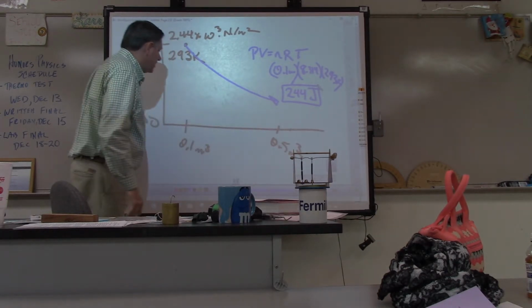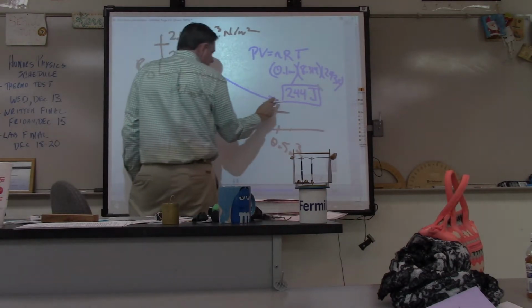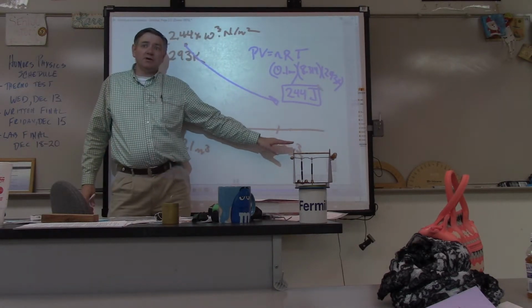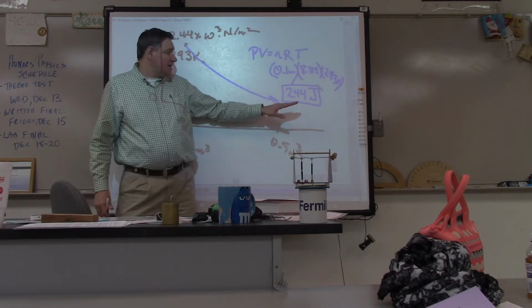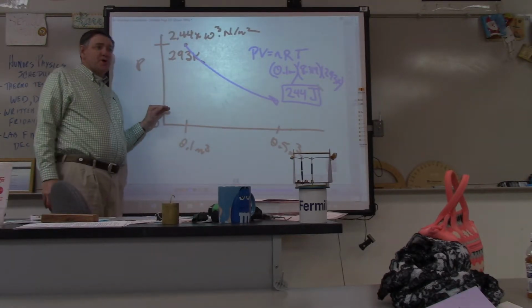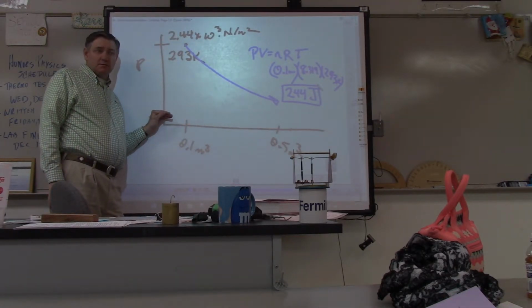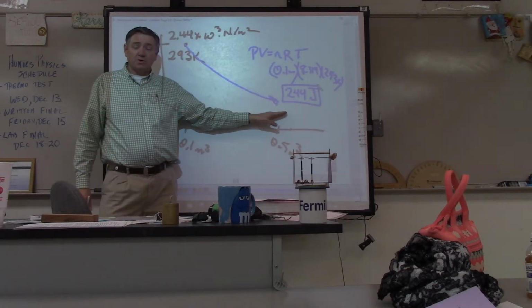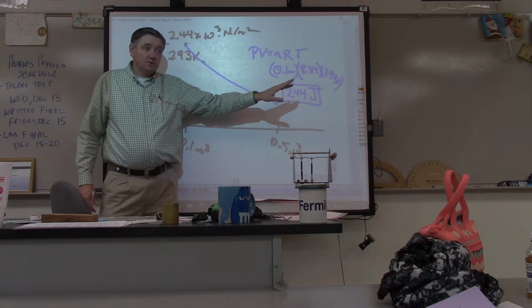Cool with this. So, when I get to this point, now I know my volume is increased to 0.5. So can I find the new pressure that goes with that? Yeah, because what do I know my pressure and volume have to multiply together to equal? 244.